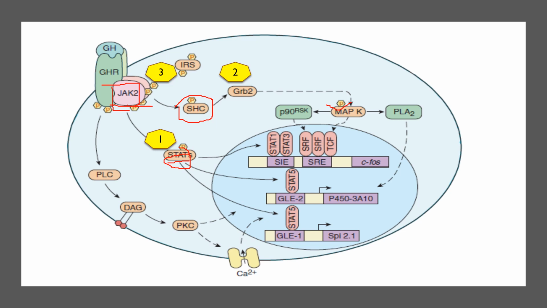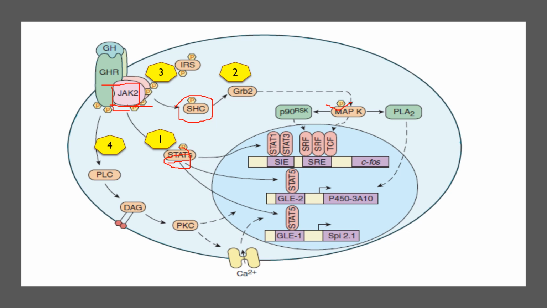Now the third pathway is the JAK tyrosine kinase and insulin receptor substrate pathway, or IRS pathway. Activation of JAK tyrosine kinase causes phosphorylation of IRS, which in turn induces various intracellular enzymes.